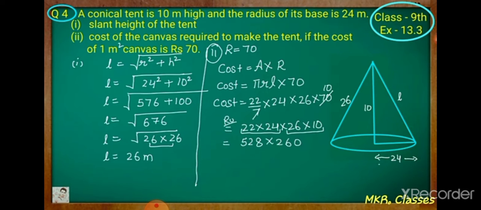Now we can multiply 528 and 260. So the value will be rupees, how much? 137,280. Okay.